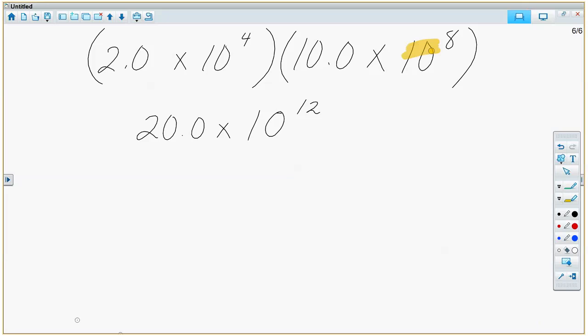Why was I able to do that? Because the 10s are the same what? Base. Now, there's only one problem. And 90% of y'all get this part right. Well, Hubert, I thought you said they get it wrong. Yeah, because of the next step. Because this is not in scientific notation.